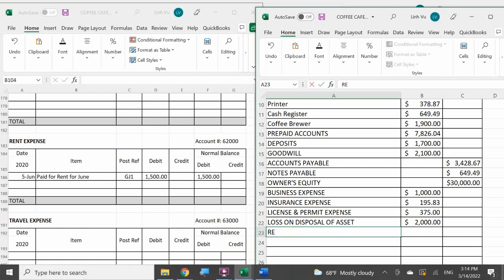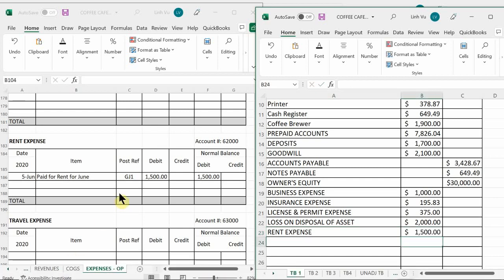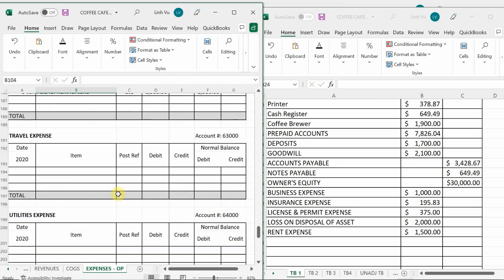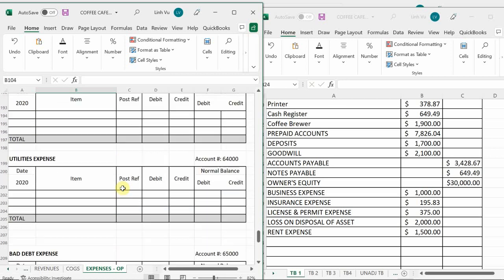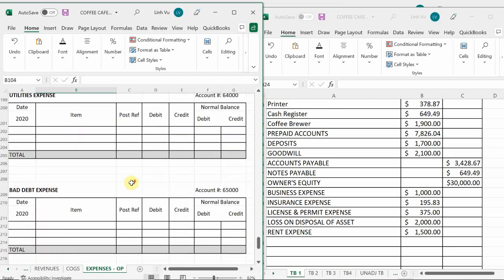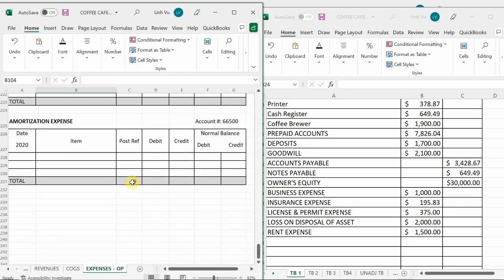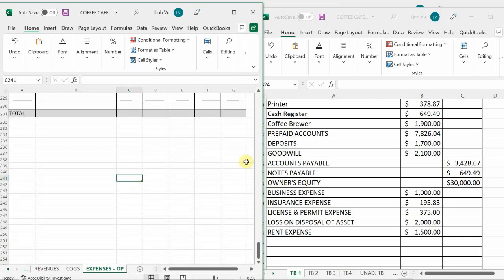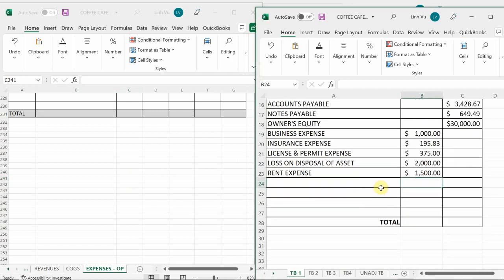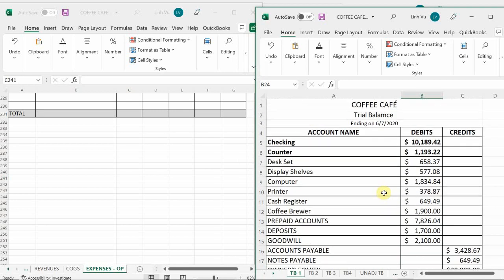Yes, I had to pay for June rent for $1,500. Other than that, no travel expenses, no utilities expenses, no bad debt, no depreciation or amortization. So this is all the accounts that I've used so far in my book.